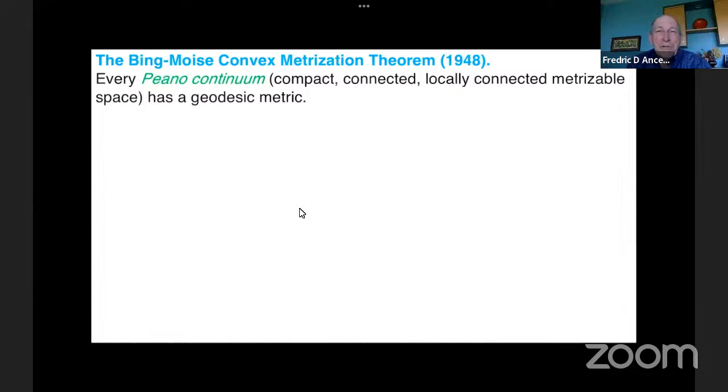Well, in the U.S., there's one conference every year where there are always sections on general topology. It's this Spring Topology Conference that they hold. I think it already took place this year, or maybe it was a Zoom conference. I'm not sure. That's the outlet for general topology in the US.